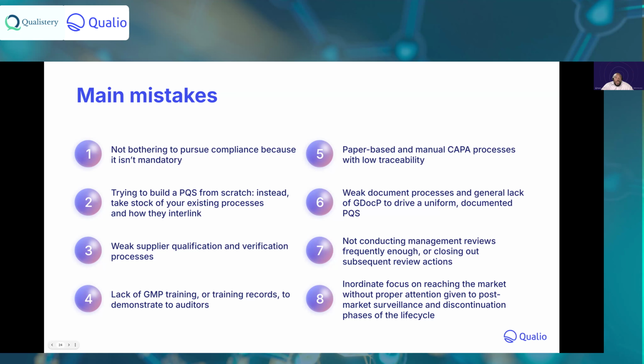Another example of a mistake that people make is that they think having weak documentation is fine, or they don't have a strong, good documentation practice. And so what happens is that when you have weak documentation practices, you end up having more risk in the process.